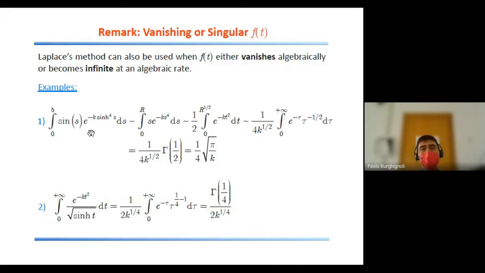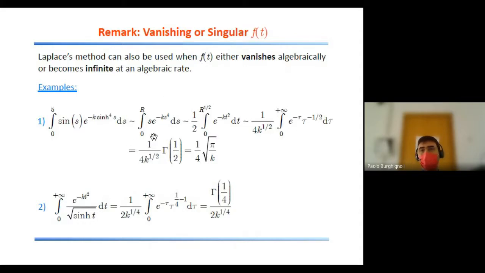And you can replace the sine function with its Taylor expansion. For example, the first term in the Taylor expansion of the sine function is the linear term. So you can replace the sine with its argument, s. And furthermore, you can do the same in the exponent of the exponential function. So you can replace the fourth power of the hyperbolic sine with the fourth power of s without changing asymptotically anything.